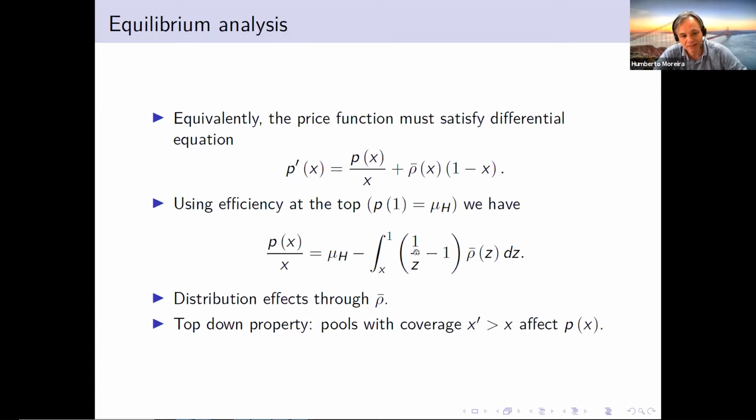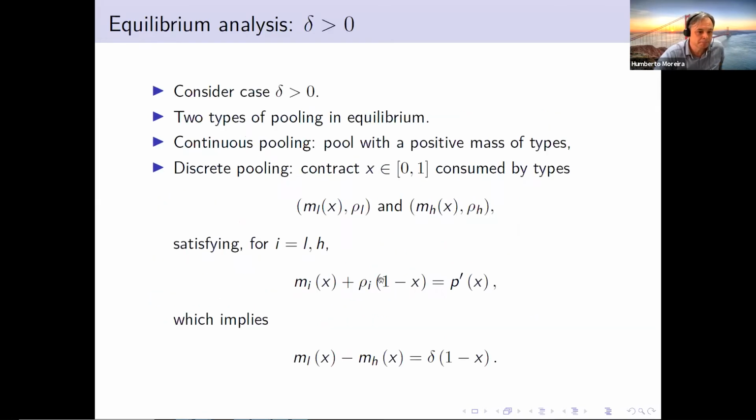This is given by this formula. This comes from the incentive compatibility constraint, pinned down from the ordinary differential equation coming from the first order condition of the insurer. This is a channel that is very important for the analysis, as you're going to see.